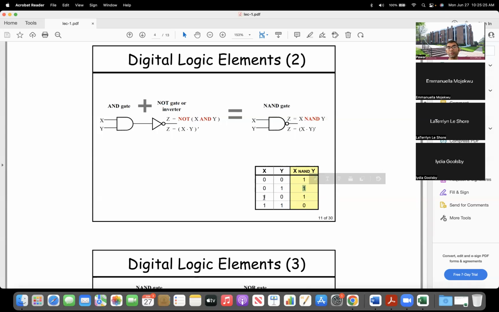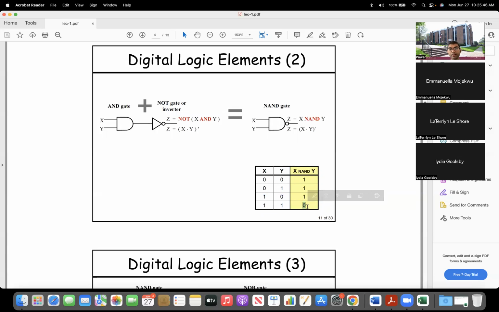Again, 1 multiplied by 0 is 0, but then you apply a NOT gate. Opposite of 0 is 1. And 1 multiplied by 1 for AND is 1, but the opposite of 1 for a NOT gate is 0.